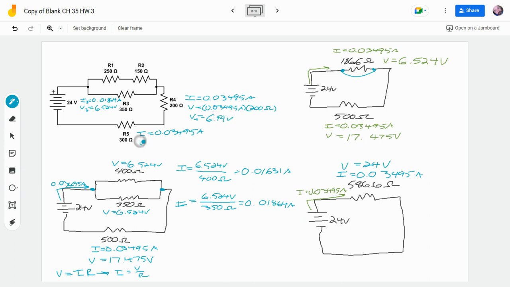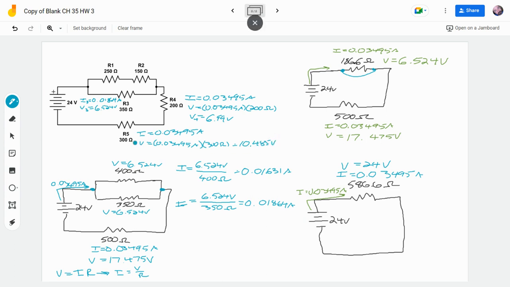And down here, this is going to be 0.03495 amps times 300 ohms. 0.03495 times 300, and I've got 10.485 volts for that one.